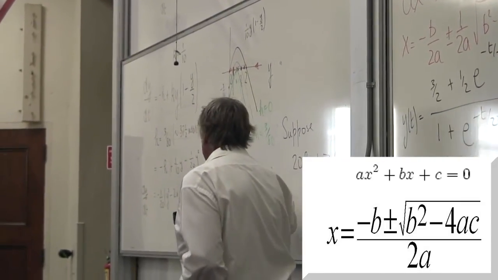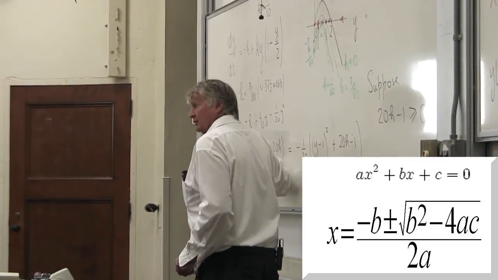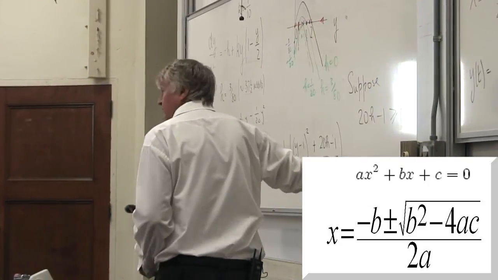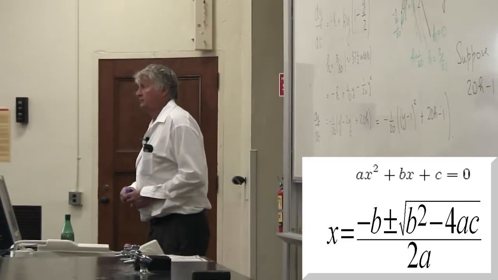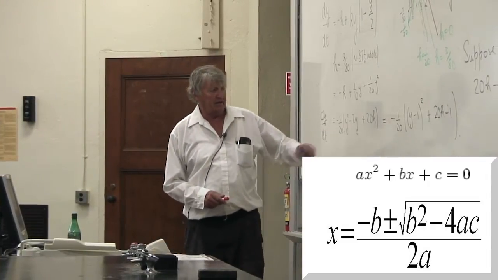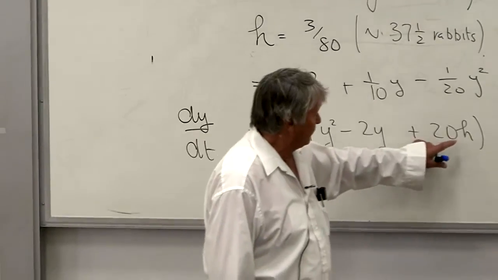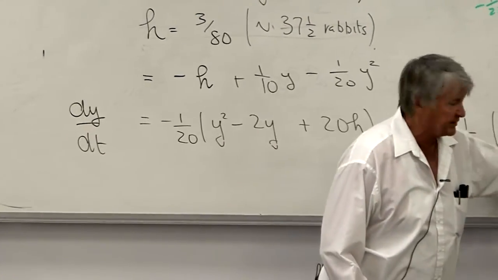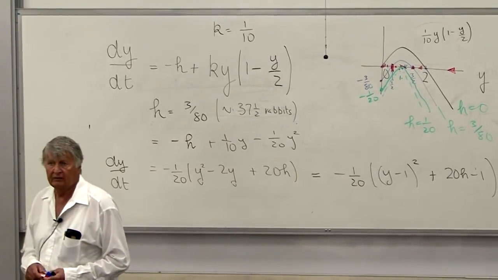What you'll find is the b squared minus 4ac for this quadratic has exactly the sign of 20h minus 1. Because the b squared will be 4, the 4ac will be 4 times this, so it'll have the same sign as 20h minus 1.